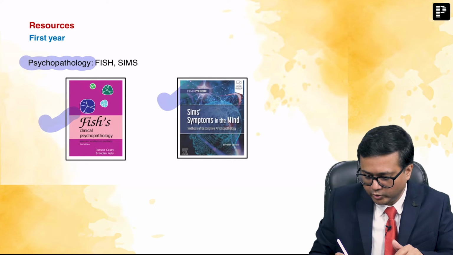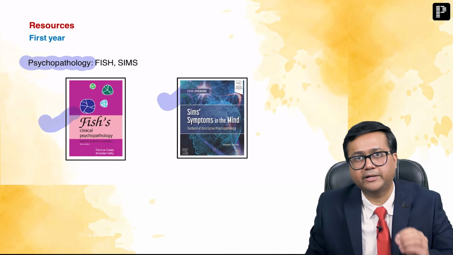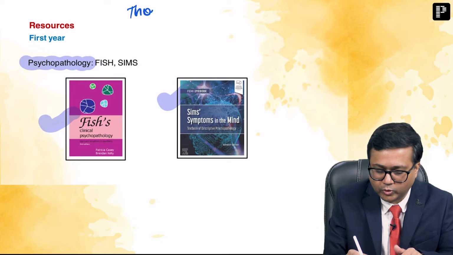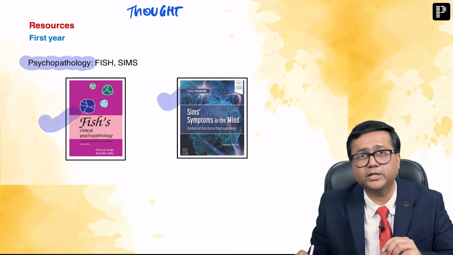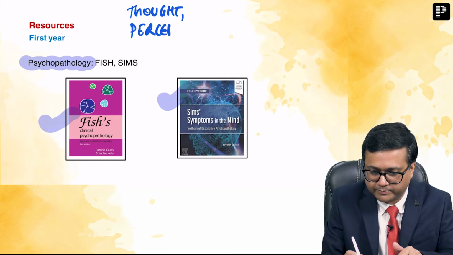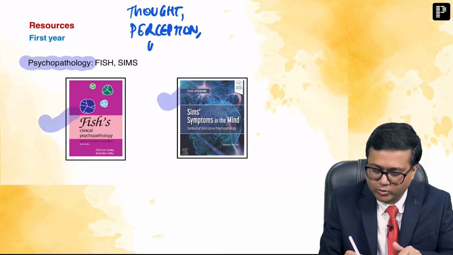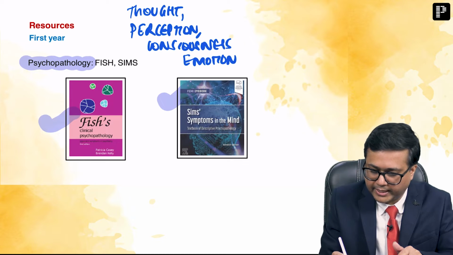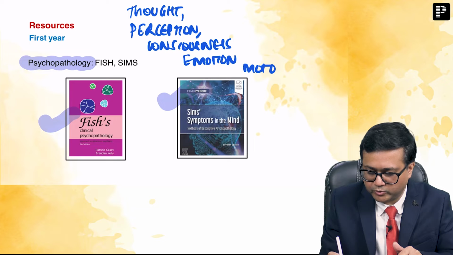Now some of the important topics which you should have a good grip on in psychopathology from these resources include thought. Thought is a very important topic which you will find in these books. And also then there is perception, then consciousness, emotion, and also there are motor disorders.